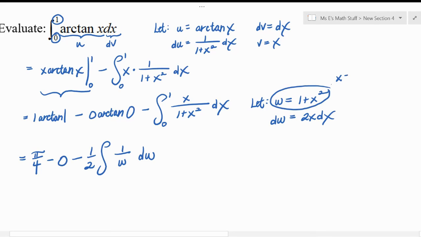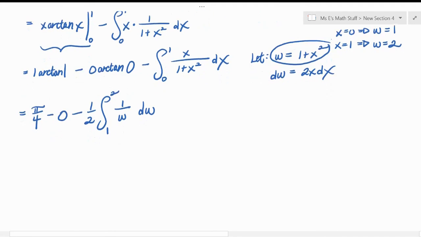If x is 0, what would w equal? Well, w would equal 1 plus 0 squared, or 1. So I'm going to make my lower bound be 1. If x was 1 for that upper bound, then w would equal 1 plus 1 squared, or w would equal 2. Like so.